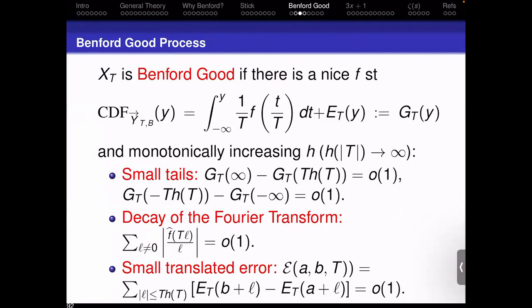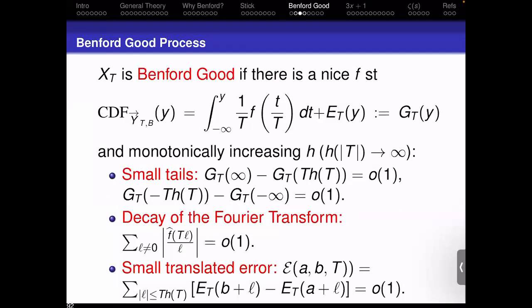So the first is that we can write the CDF of the logarithm as basically integrating some nice density plus an error term. And we want the following things to be true. We want small tails, so that the probability, if h of t is something going to 0, if the standard deviation is around t, h of t would be a growing number of standard deviations away.